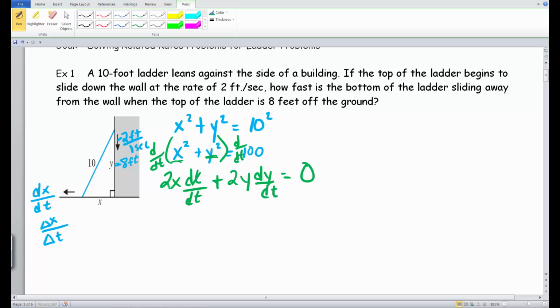At this point, what we can do is go ahead and substitute in what we know and what we are trying to find. So at this point, we know that our dy over dt is negative 2 feet per second. So that's this guy. So we have negative 2 feet for every 1 second. We also know our y. It's 8 feet specifically at that time.